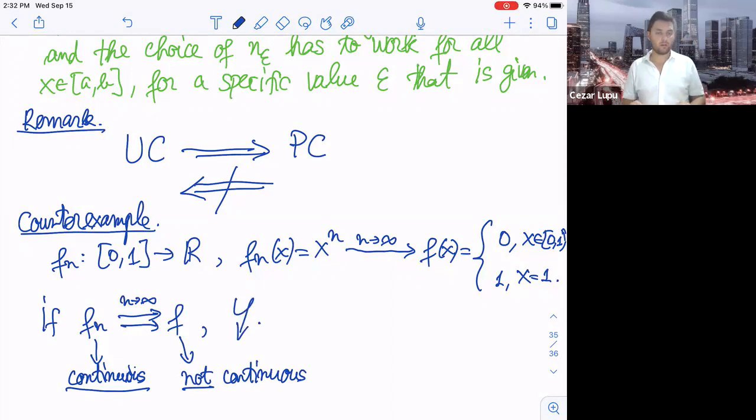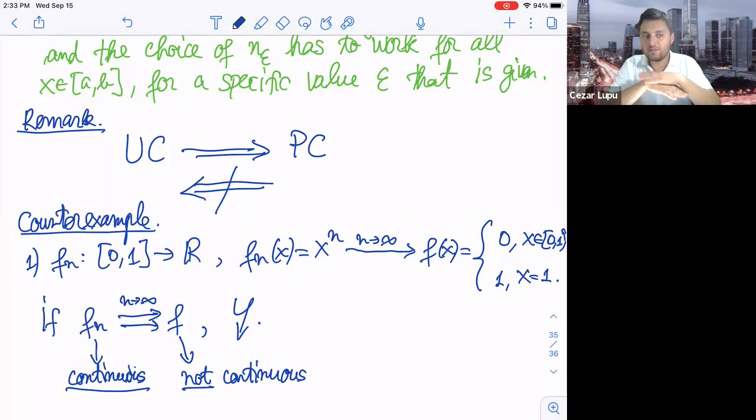So as you can see, there exists a counterexample to this. There are plenty of other counterexamples for the fact that pointwise convergence does not imply uniform convergence, but this is the easiest one. All right, but like I said, I don't want to go too much into giving you a crash course in basic real analysis or advanced calculus, whatever you want to call it.